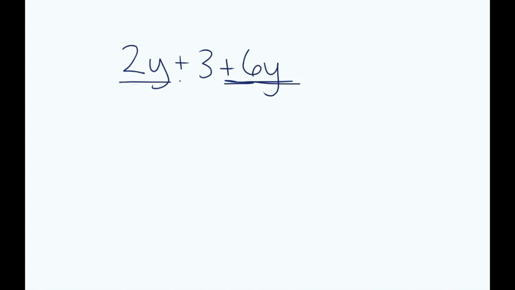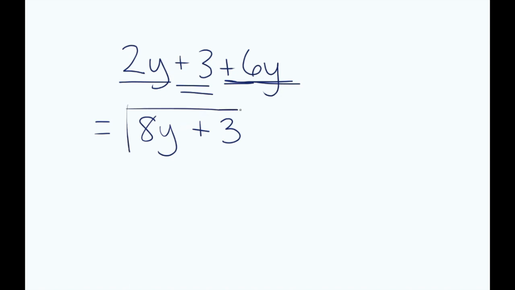The plus 3 here is not like 2y or 6y, so I'm going to underline it twice. This comes out to 2y plus 6y, which is 8y, plus 3. And I can't add 3 to 8y, remember, because this is like saying I have 8 apples and the number 3. I can't add the number 3 to 8 apples. So this is how I'm going to leave my answer. This is a simplified version of the original expression.